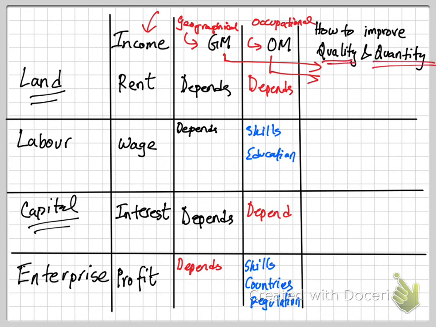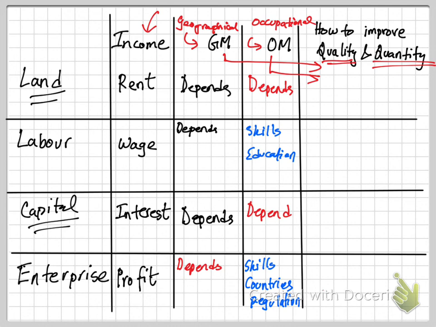It's very simple, right? So think of it like this. If you provide more education to your population, if you give more grants to new entrepreneurs, if you provide more opportunities to people, then the occupational and geographical mobility of labor and enterprise will increase, right? If you don't harm the environment by causing a lot of different pollution, then you are increasing the quality and quantity of your land, the natural resources that you get, right?